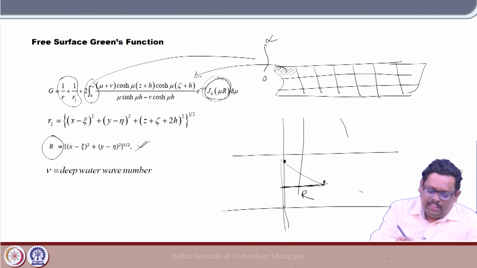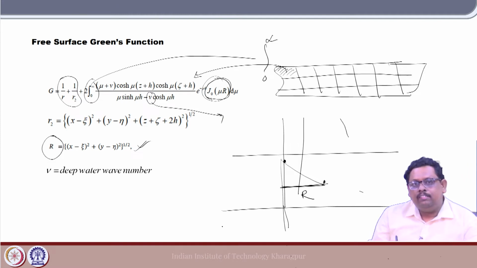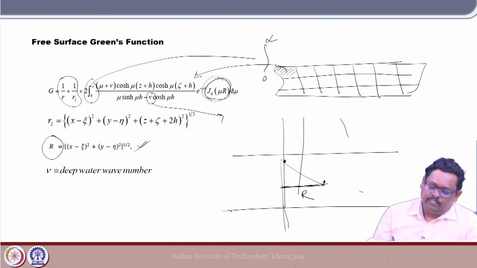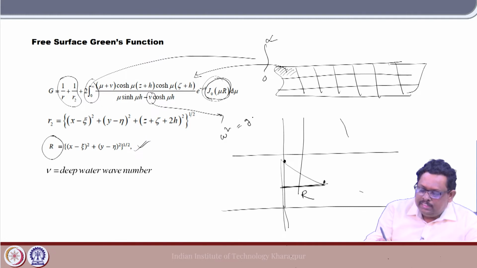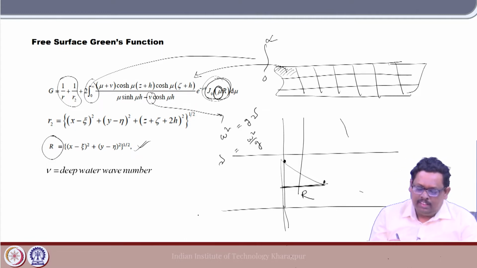And here this nu is nothing but the solution for the deep water dispersion relation. What is the deep water dispersion relation? It is omega square equal to g k. So nu is nothing but omega square by g, which is the deep water solution. And then what is mu?